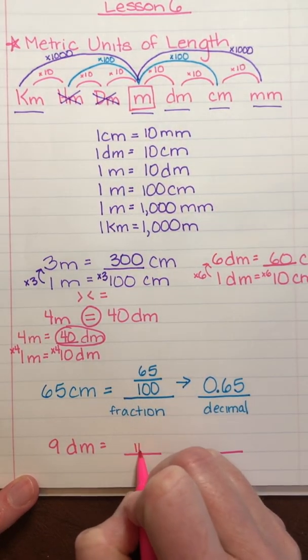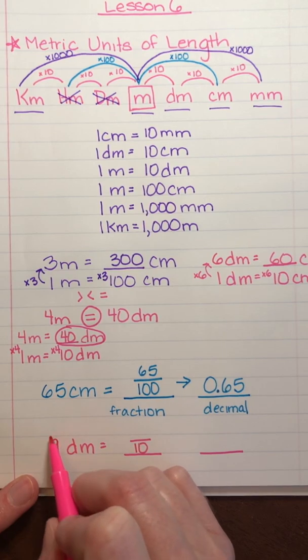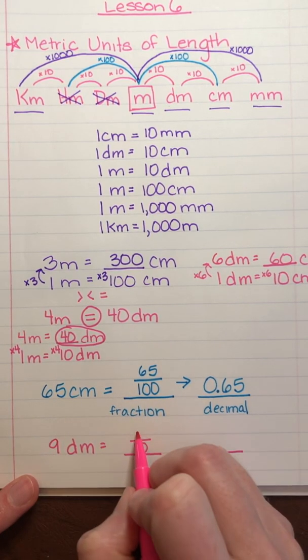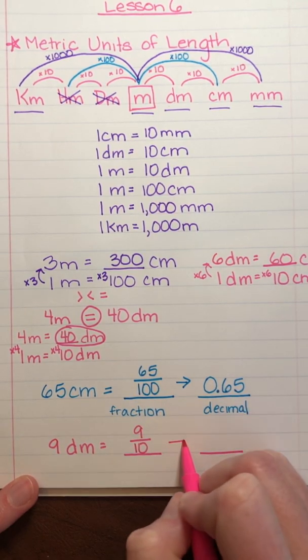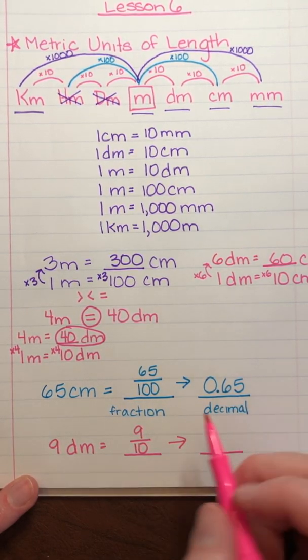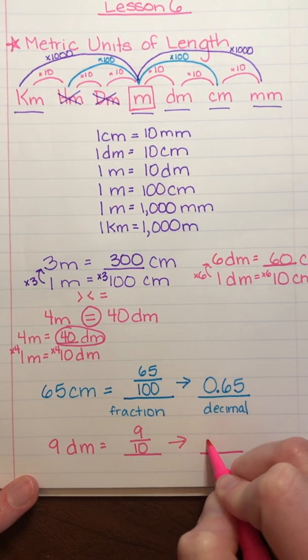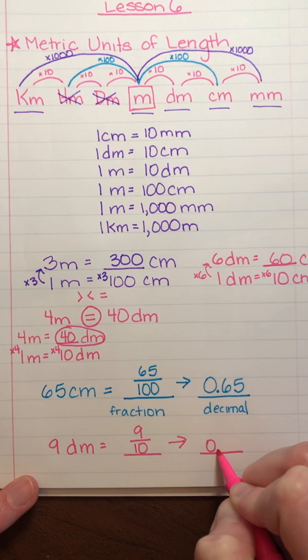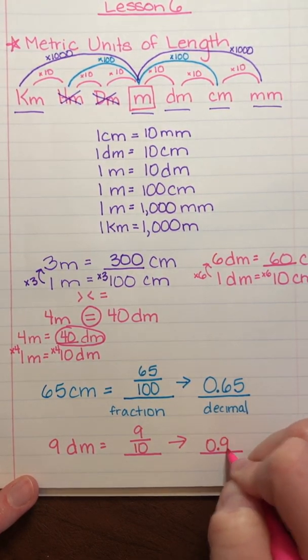So my denominator will be 10, and my numerator, remember, it's whatever number you've started your problem with. So in this case, it's 9. So 9/10 will be my fraction, and then when I change that to a decimal, remember my denominator determines where my decimal finishes. So I can put a 0 placeholder in the ones place because we don't have a whole number, put in my decimal point, and then 9.